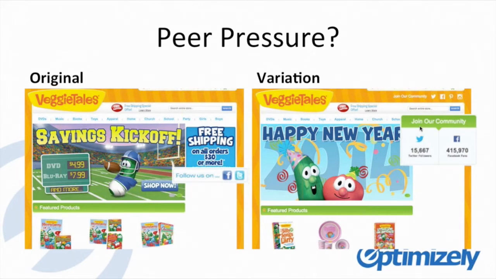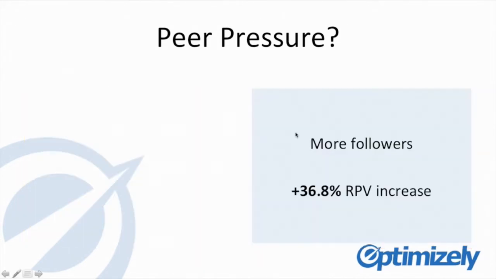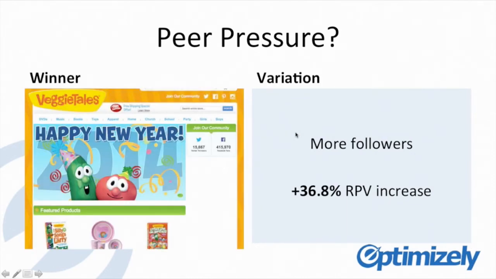And what they ended up seeing was that the winner was definitely the one with the larger social buttons. They saw a huge jump in not only the number of followers, but also a 36.8% increase in the revenue per visitor just by removing that free shipping box and adding that social button stuff in.